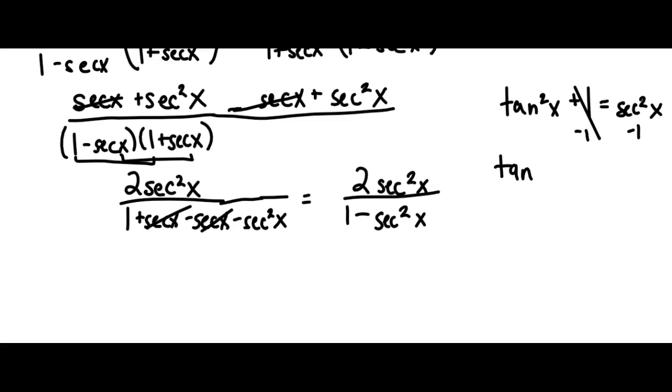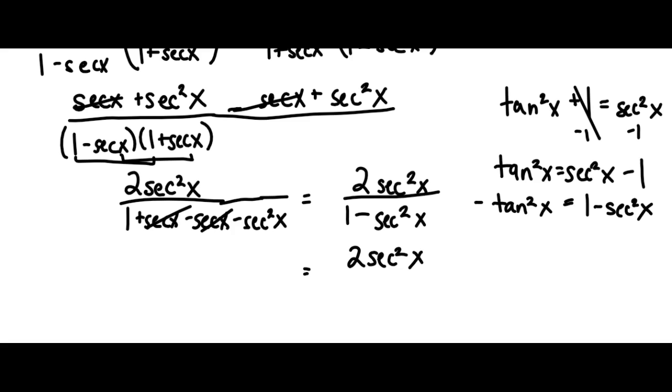So in other words, tangent squared of x is equal to secant squared of x minus 1. So notice how this is the opposite of this in terms of signs. So I can make this negative tangent squared of x and make this 1 minus secant squared of x. So that allows me to replace the bottom part with a negative tangent squared of x.